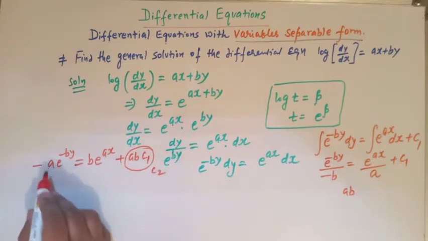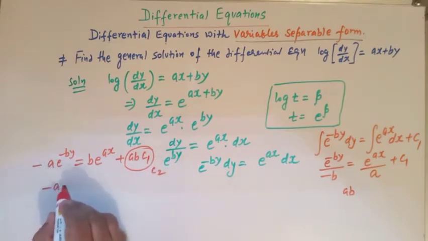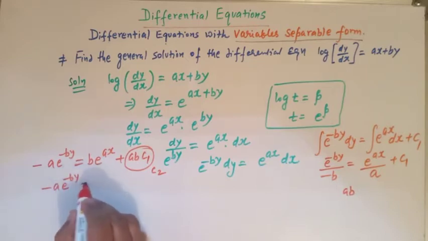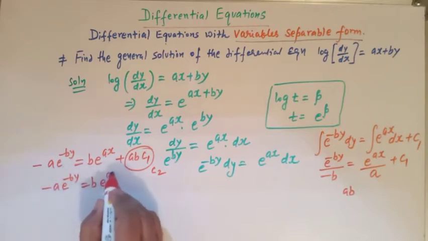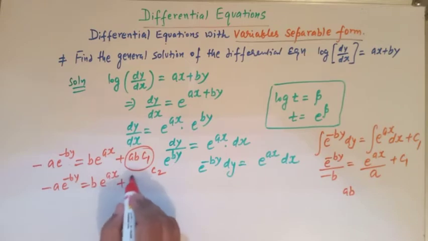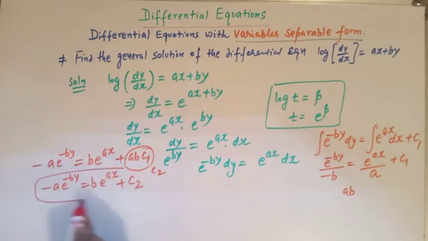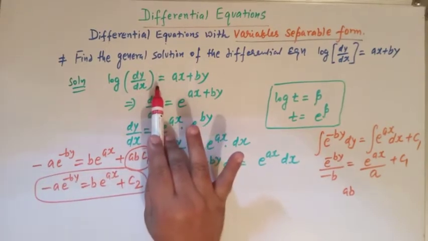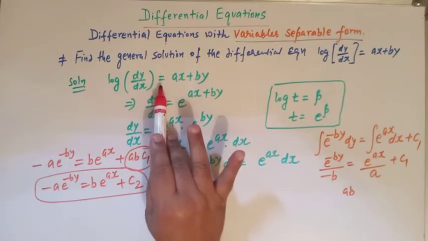So this can be written as minus a e raised to minus by is equal to b e raised to ax plus c2. Clear?